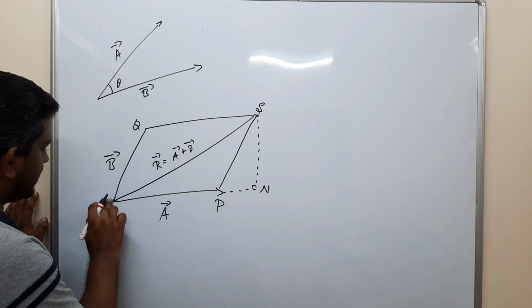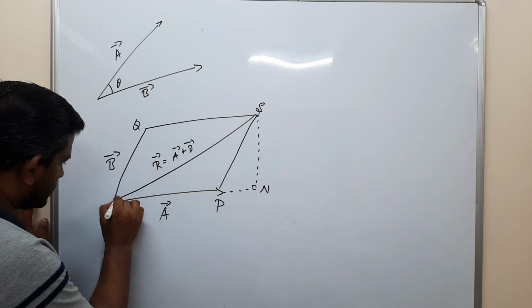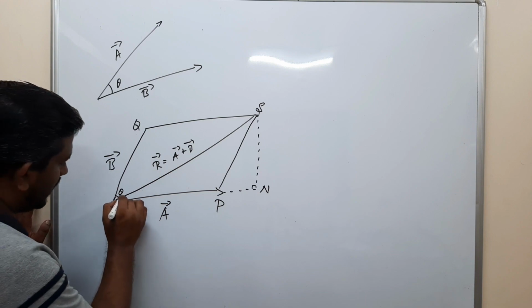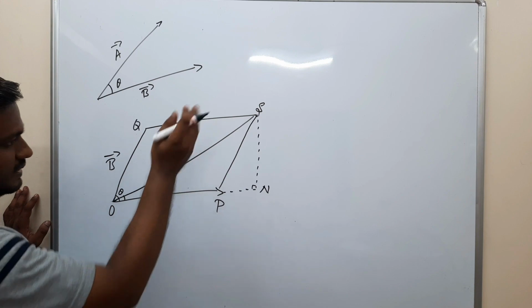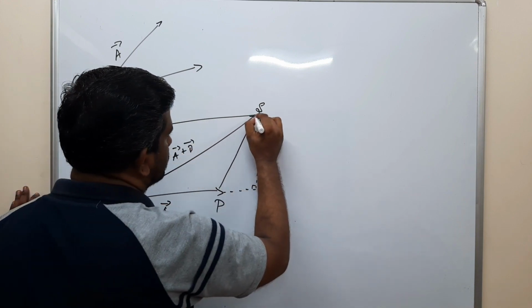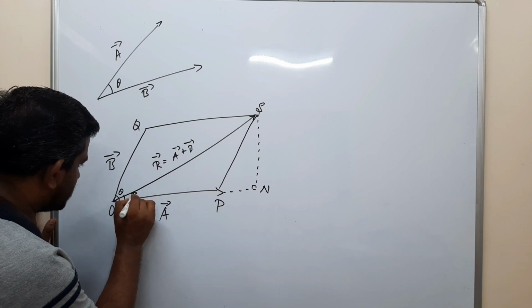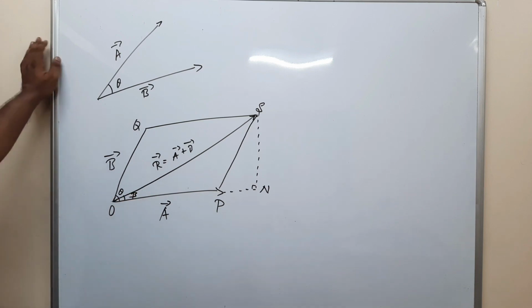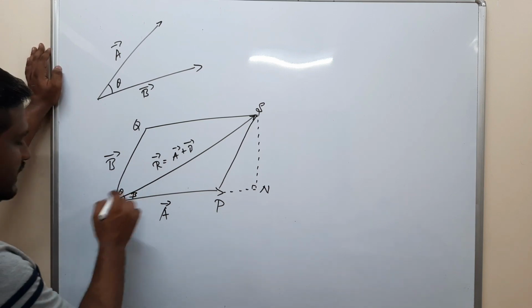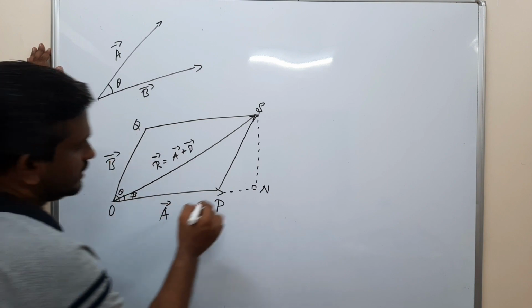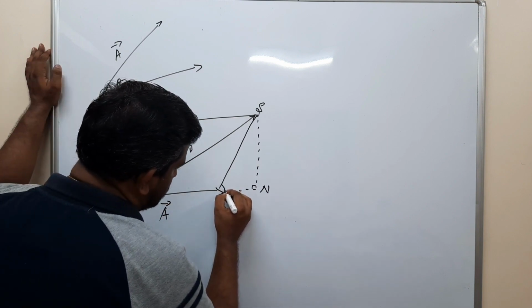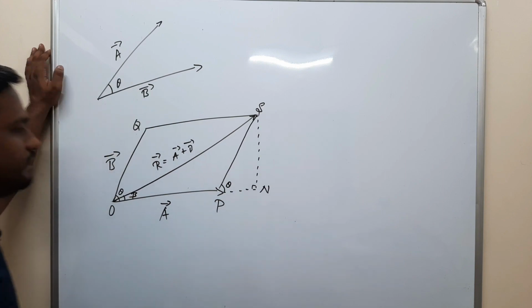The two vectors are inclined at an angle theta, so this is theta. The direction of the resultant from the A vector I am taking as beta. This angle is also theta.